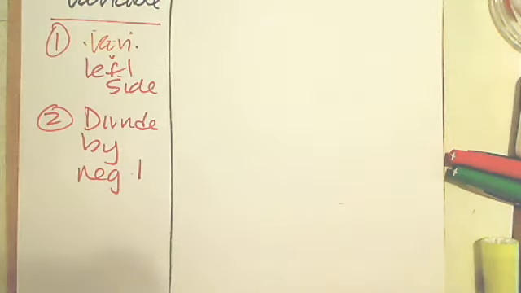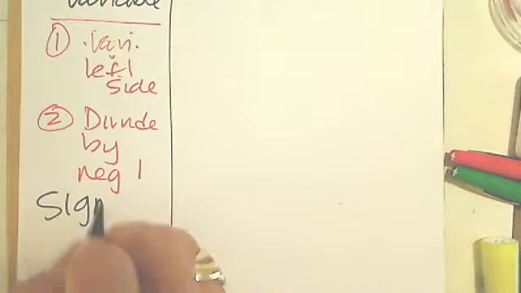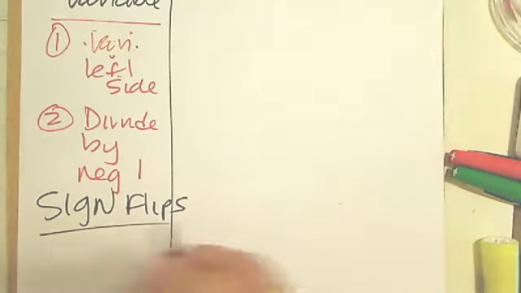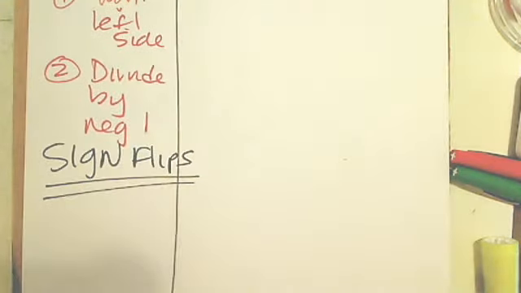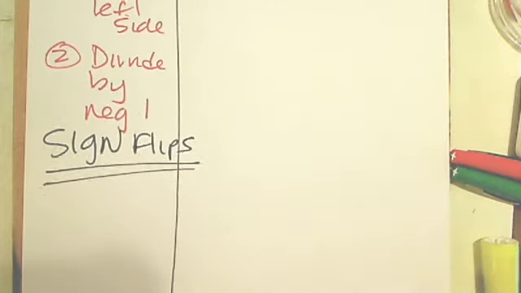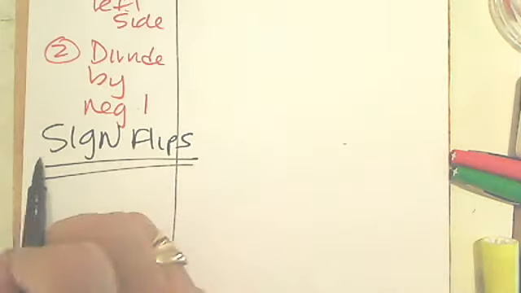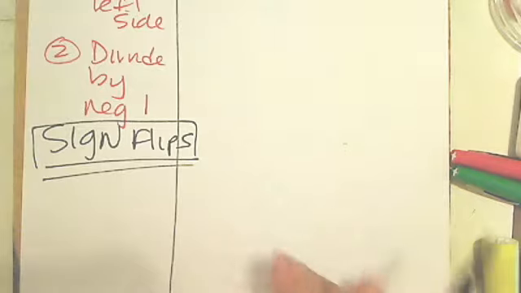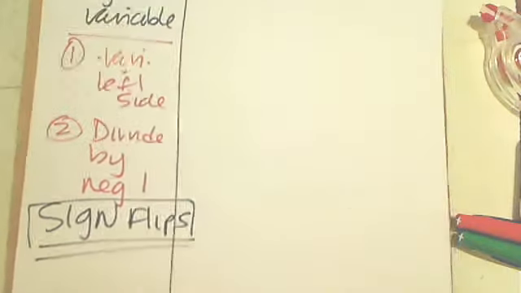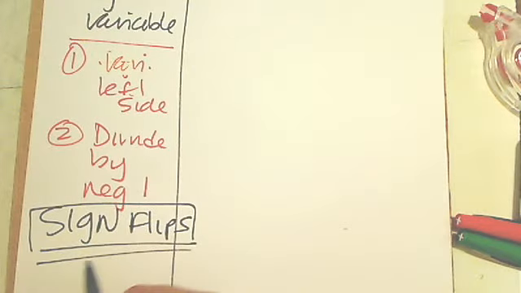This is big right here. Sign flips. The sign will flip because you're changing the value of the sign. The sign flips when you divide by negative 1, or when you move the variable.